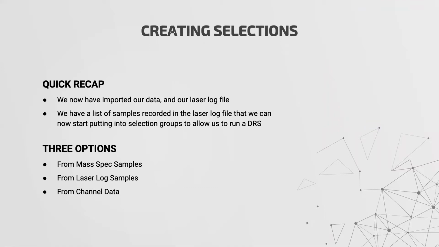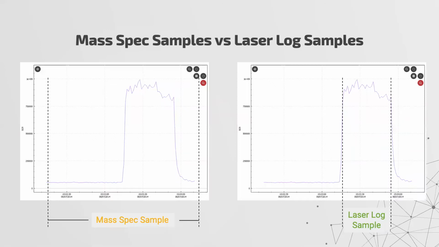The 3 options are from our mass spec samples, or from our laser log samples, and from channel data. I'm going to come back to channel data later on, but the difference between from mass spec samples and from laser log samples is that when we look at our mass spec files, so this is an example here where the mass spec is measuring, it measures some background, then the laser switches on, we get some data, and then the laser switches off, we have a little bit of washout.